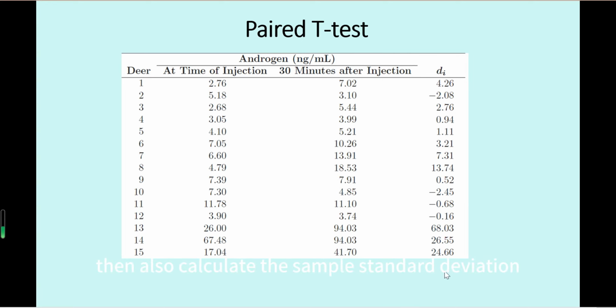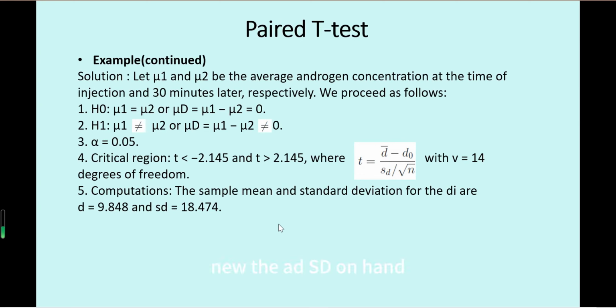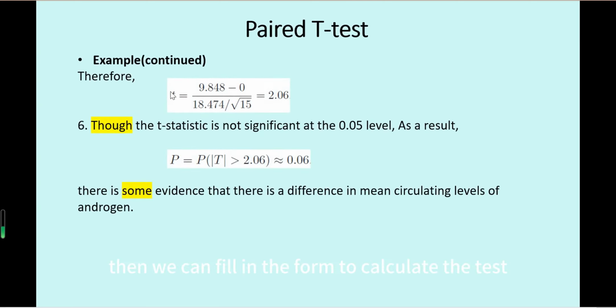Then we also calculate the sample standard deviation of this data. So we have both the mean and the standard deviation on hand. Then we can fill in the formula to calculate the test statistic. We just fill in the mean difference, standard deviation and sample size.